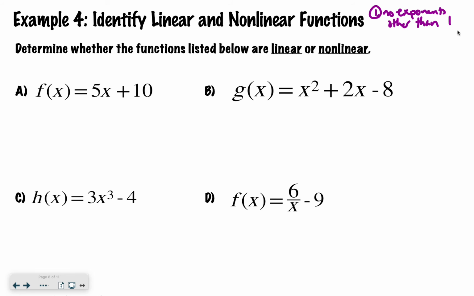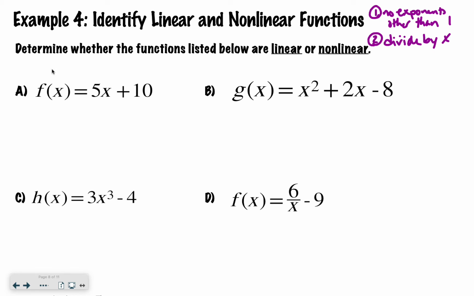And often 1 is an invisible exponent. But if you have an exponent of 2, 3, 4, a negative number, that means it is non-linear. So if it has an exponent other than 1, it's non-linear. And another thing, you can never divide by x. If you divide by x, it is non-linear.